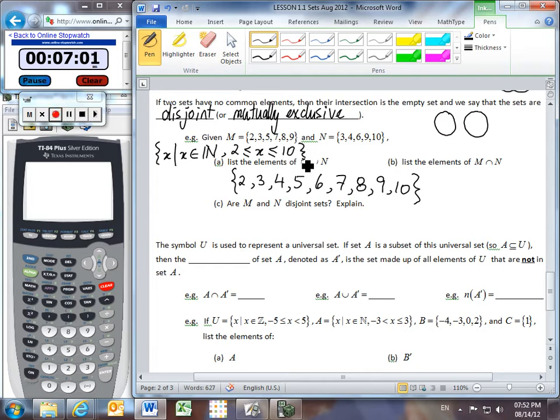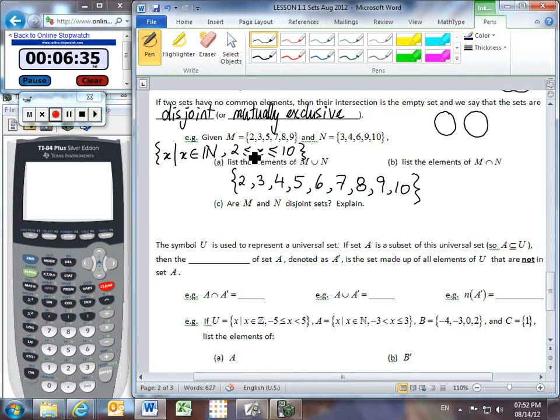There's a couple of other ways that we could have written set builder notation. We could have said, for example, that x is greater than 1, but not equal to 1, and x is less than 11, but not equal to 11. And that would also be true. We could have also said that x is an integer in between 2 and 10 inclusive. So there are different ways of using set builder notation.